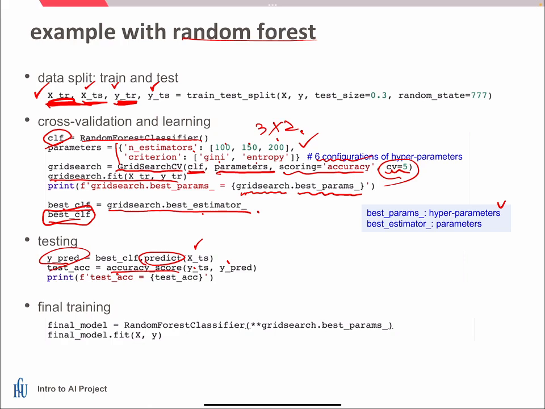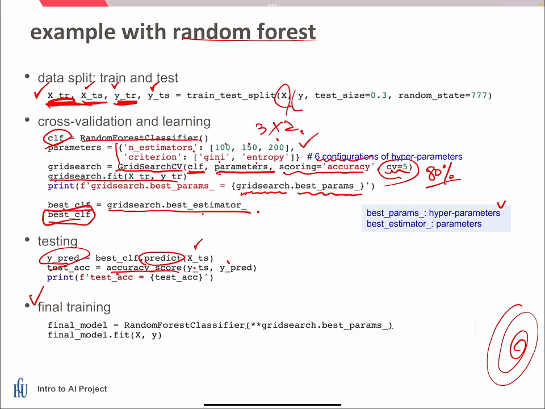So now we can have a final training. We want to use all the samples, not just 80%. We want to use 100% of the data samples to train the model. There would be test samples somewhere, but we don't have those test samples.